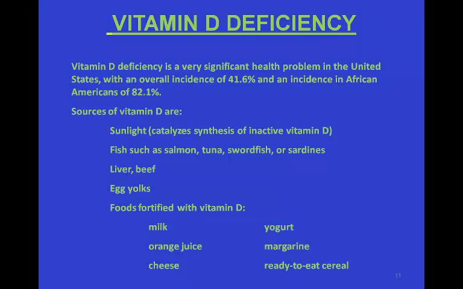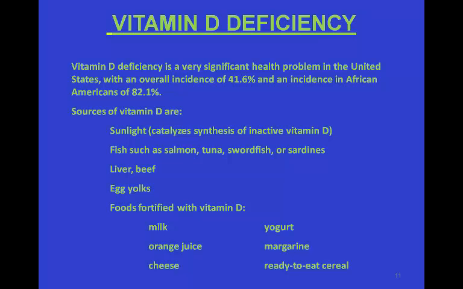This is a huge health problem, or it can be, if that deficiency persists. It's not just strong bones either. Vitamin D has a lot of other secondary functions in the body that you might not have even been aware of.